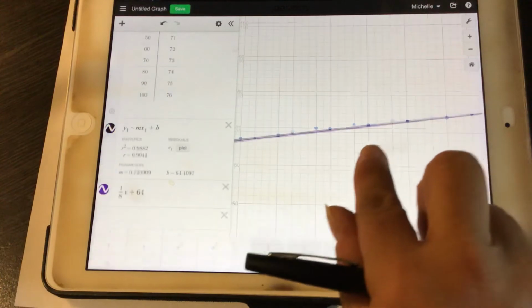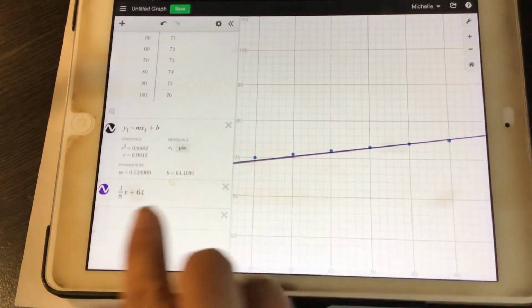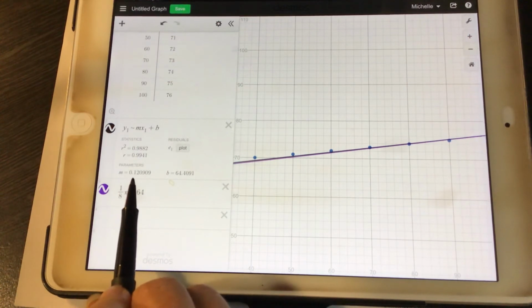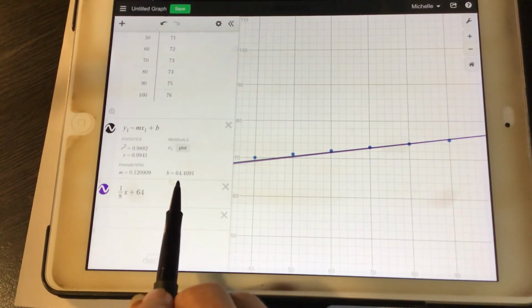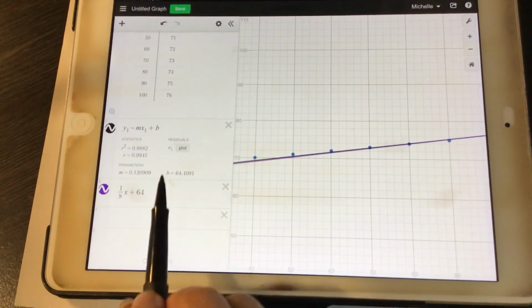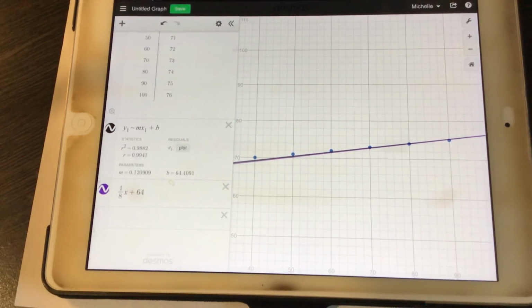That is the one where they told us our slope was 0.12 and my y-intercept was 64.4. So there are two ways to do this, and you're going to be doing both ways. And we're going to check to see how close you were.